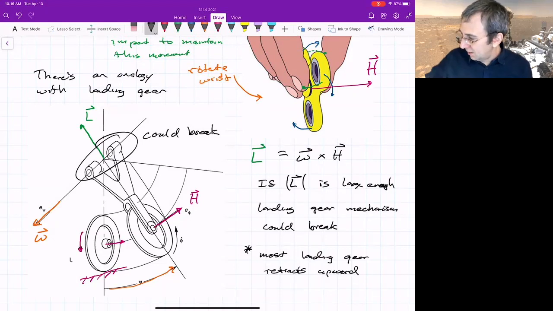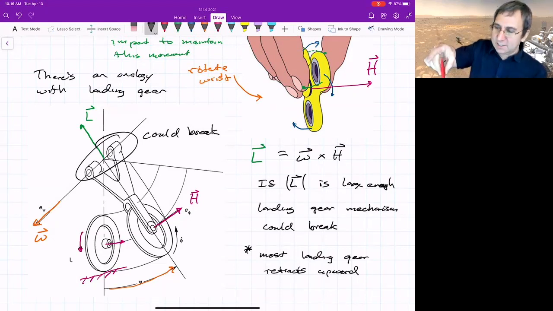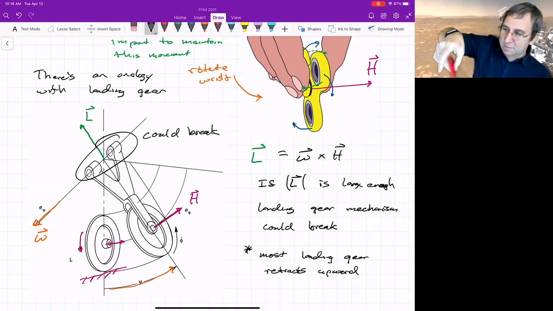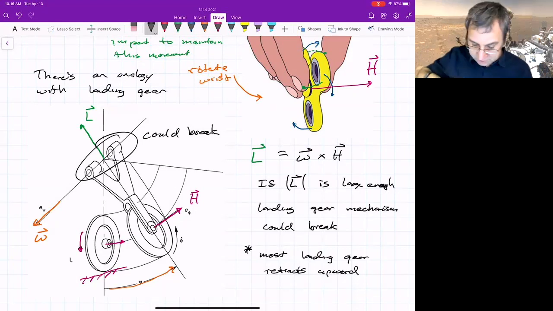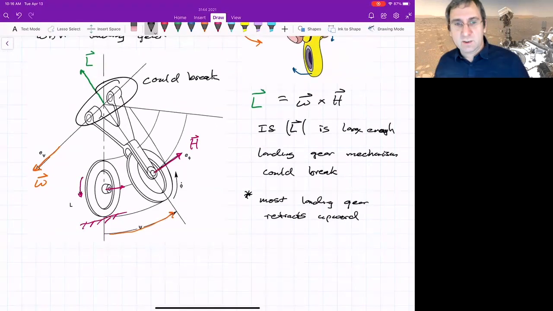But it's completely analogous to holding this fidget spinner and then trying to turn it up. And you can feel that it's an increased moment when you turn it rapidly versus slowly. So when they did do this, they probably tried to do it as slowly as they can. Now we have a great intuitive understanding about three-dimensional rigid body dynamics.